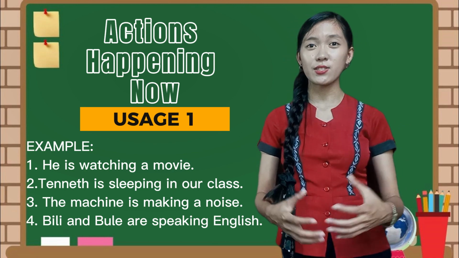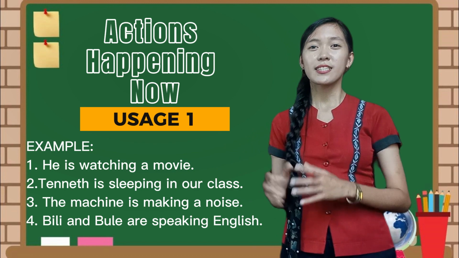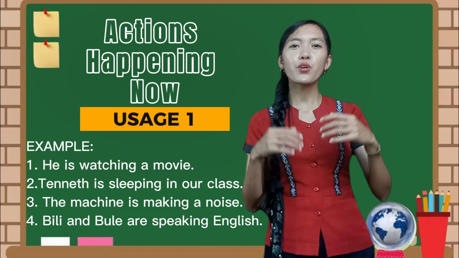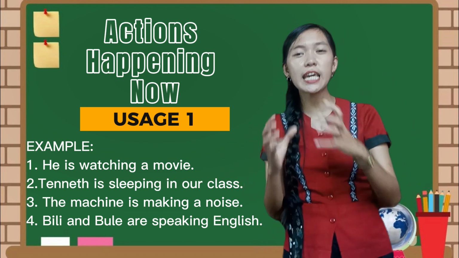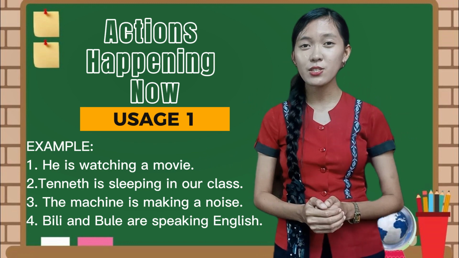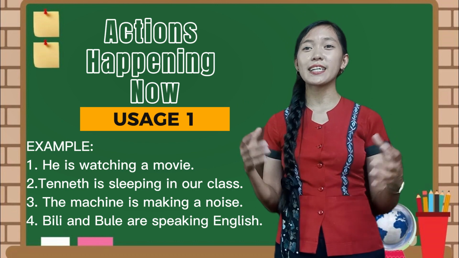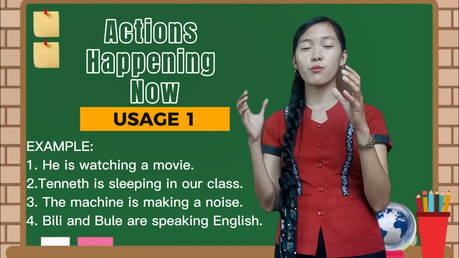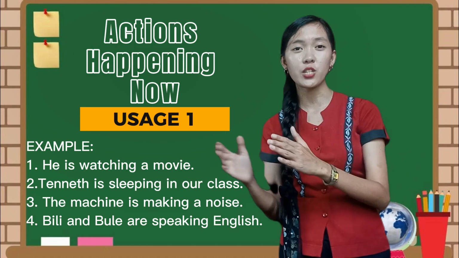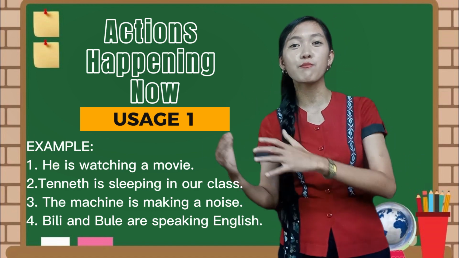The subject is he, okay? And for the words he, she, and it, we use the be verb is. So, take note of that. Then you will notice I added ing to the end of the verb, which is the word watch. That makes he is watching a movie.